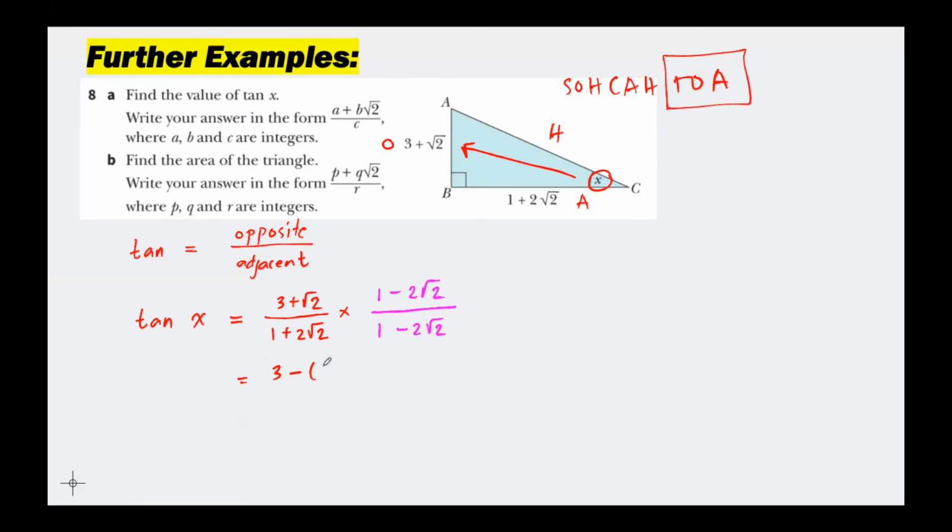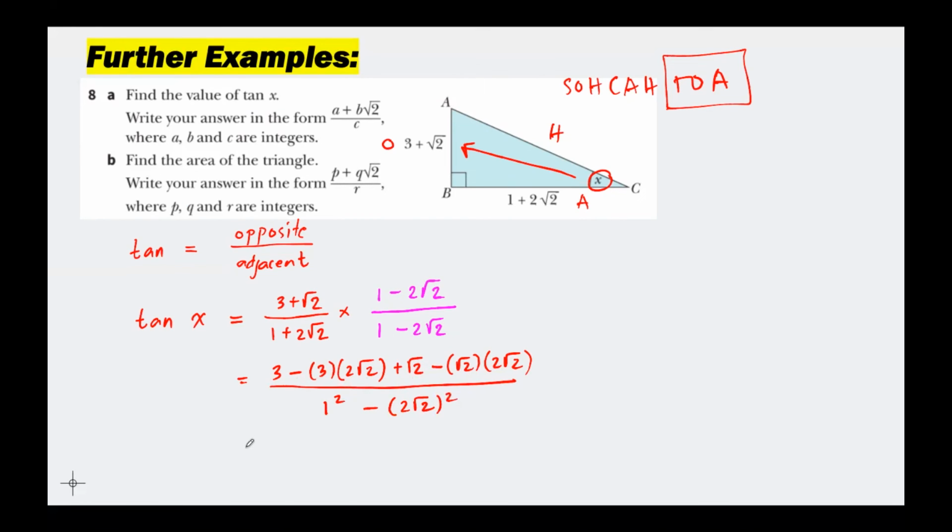So I'll just put 3 times 2 square root of 2. Why is it negative? Because it's a minus here. And then inner is plus 1 times square root of 2 is just square root of 2. And then the last one, negative and positive becomes negative, square root of 2 times 2 square root of 2. Divided by the denominator, which is just 1 square, minus 2 square root of 2 square.